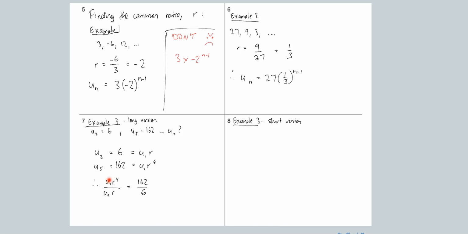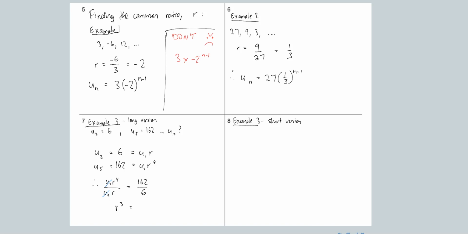This is a ratio of the fifth and the second, and this is a ratio of the numbers there. Why do that? Because you'll always end up cancelling out the u1s, the first terms, and then you've got r to the power of 4 divided by r, which will give me r cubed.